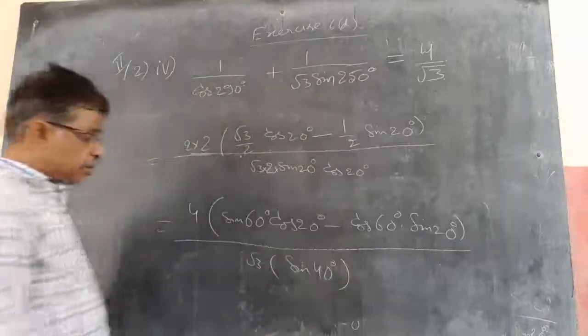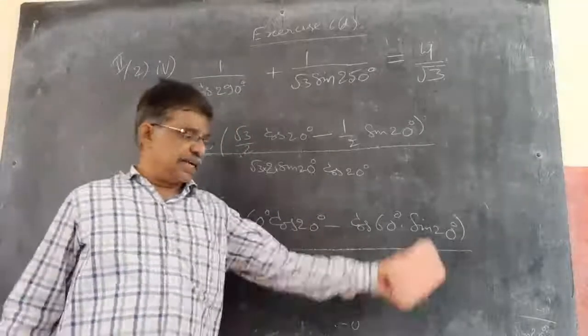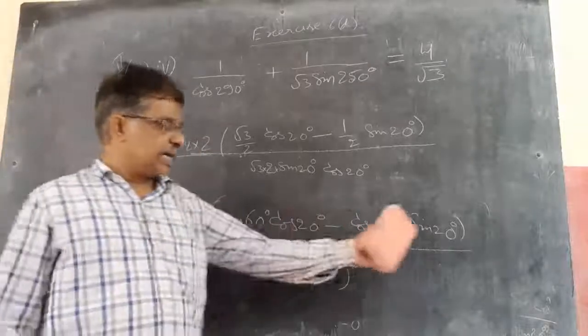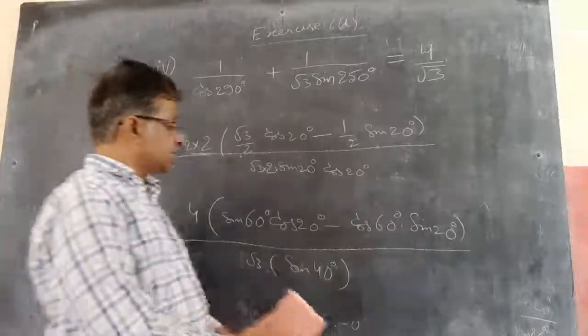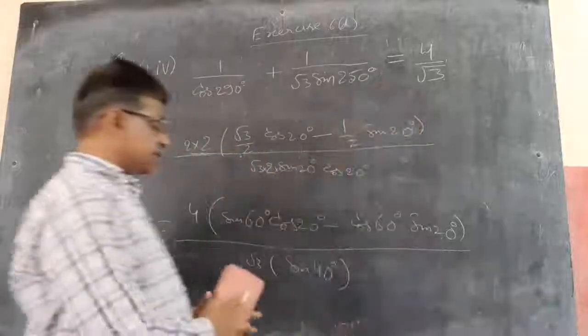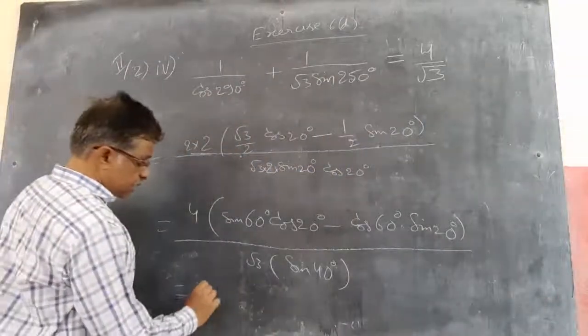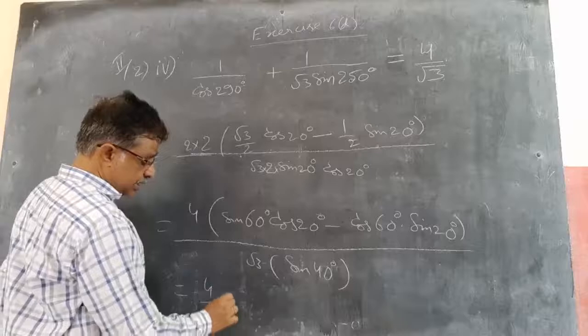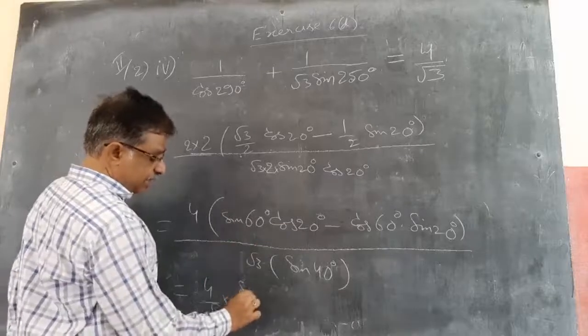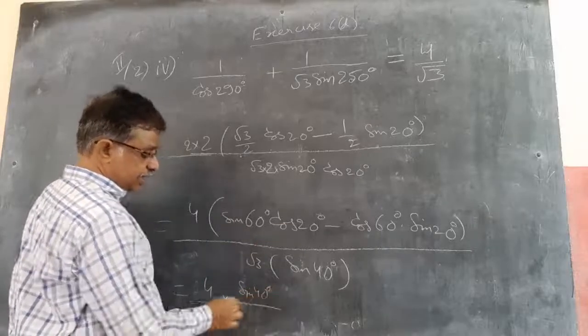Now observe the numerator: sin A cos B minus cos A sin B, sin of A minus B. So 4 by root 3 as is, and this is sin of A minus B, sin 40, 60 minus 20.